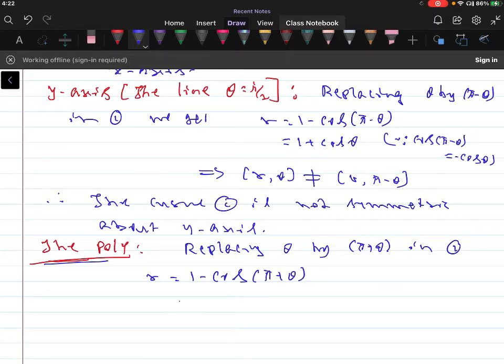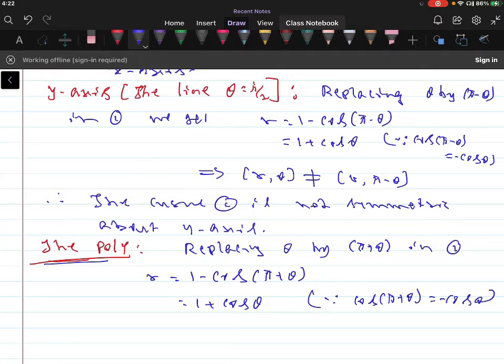So this is equal to 1 plus cos theta, since cos of pi plus theta is equal to minus cos theta.